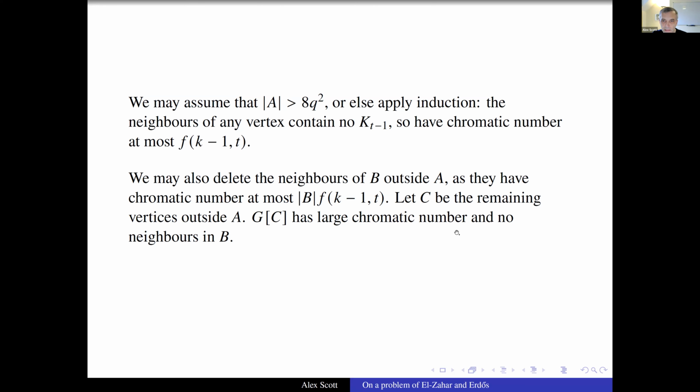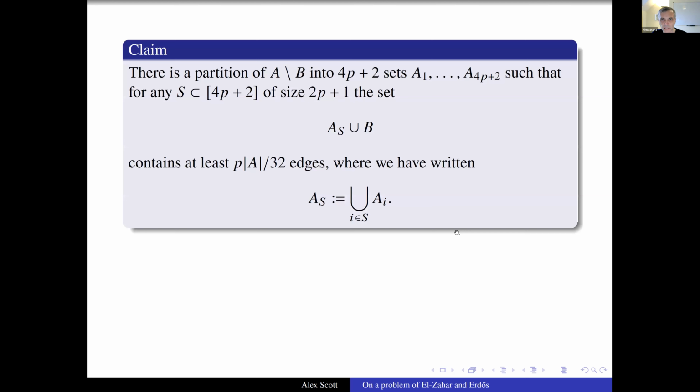Okay, so this is going to be the crucial lemma. We're going to divide up A, or A minus B rather, into a number of sets with the following property. It's going to be 4p plus 2 sets, so that if I take any 2p plus 1 of them, take the union of them and then throw in B as well, I get a subgraph with large average degree.